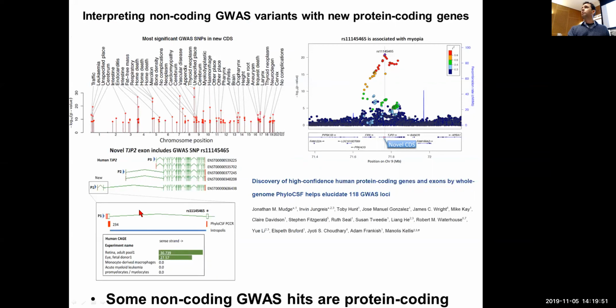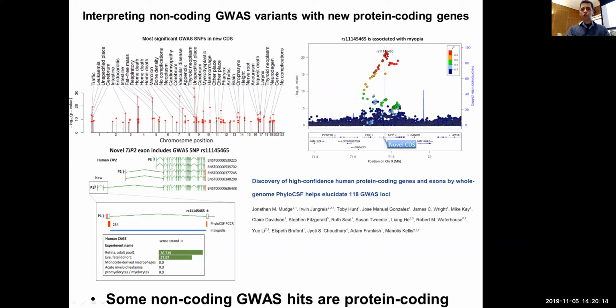protein coding exons. So, we talked about how there's all these non-coding variants that remain to be annotated. In this particular case, here's a SNP that was previously unannotated. It's associated with myopia. And then there's a PhyloCSF region that exactly overlaps it. Here's the GWAS Manhattan plot.